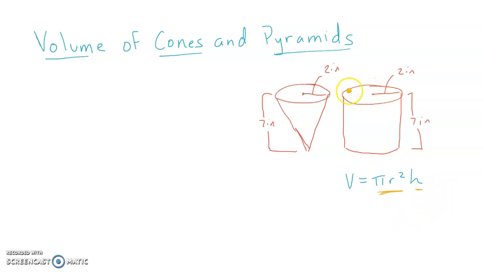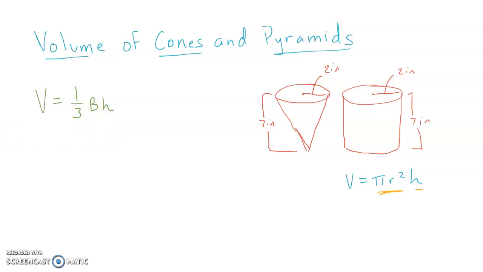We found the area of this circular base, and then we multiplied it by the height. So the formula to find the volume of a cone is this.